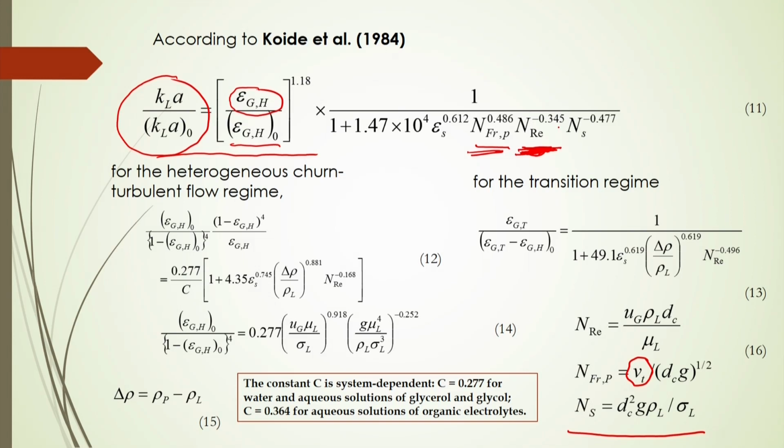There will be a certain change according to the definition of the Froude number, because of which there will be a change of mass transfer coefficient.